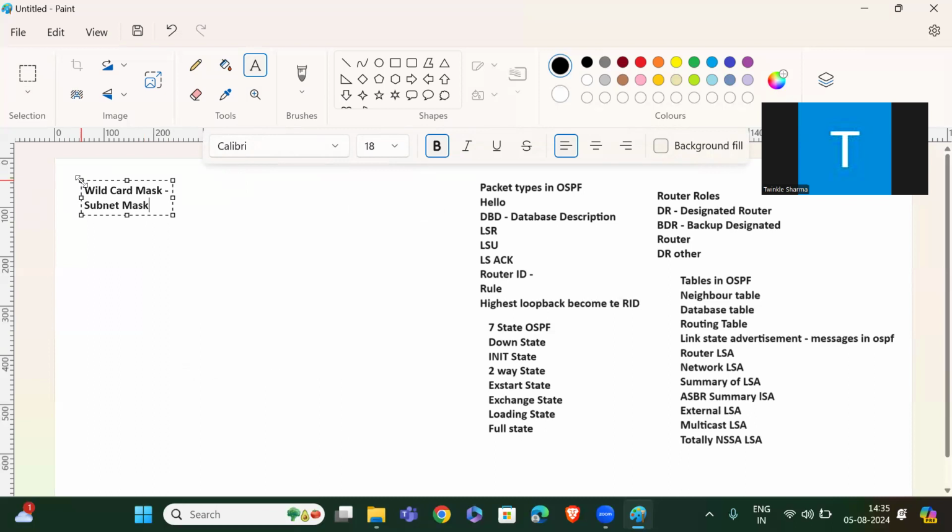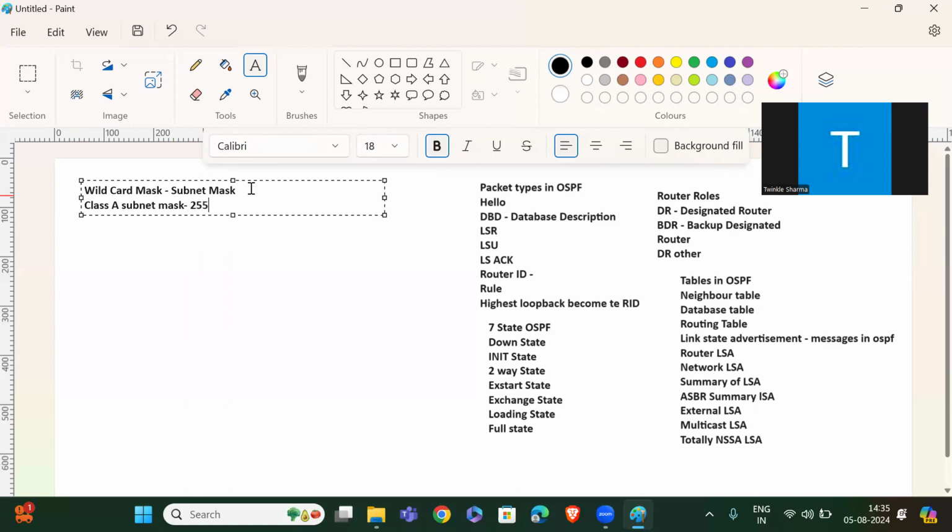If we have a class A subnet mask, what is the wildcard mask of this?